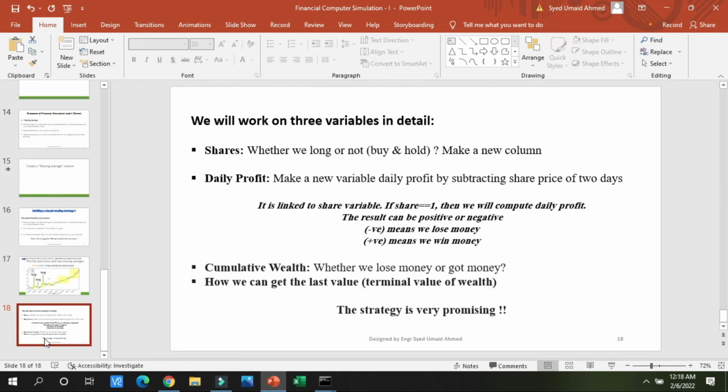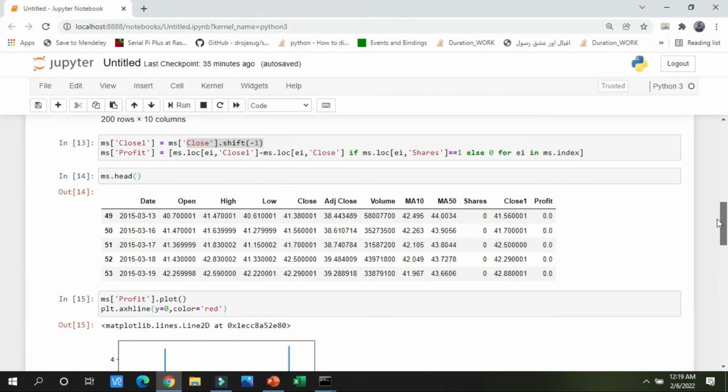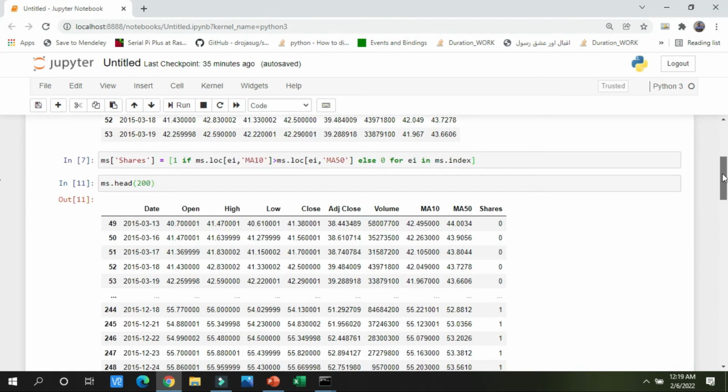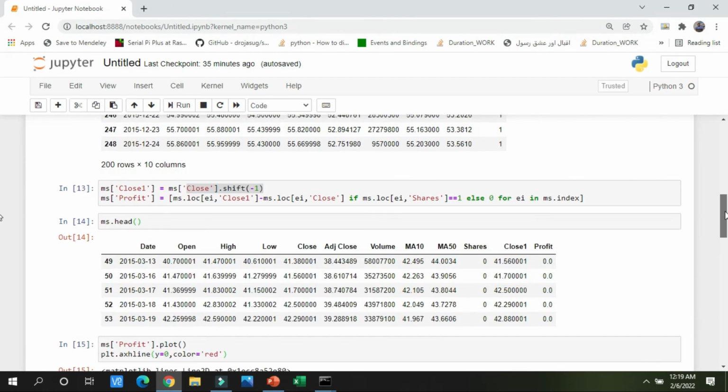And then we have computed the daily profit, by subtracting the closing price of today from the closing price of tomorrow, and we have computed the daily profit only on the days where MA10 is greater than MA50. If the answer comes positive, we are making money, and otherwise we are losing money.